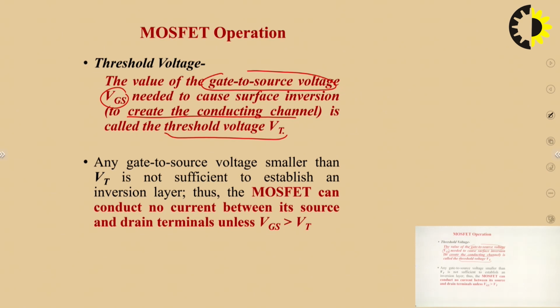If the gate to source voltage is less than VT, then no channel exists and no current can flow between source and drain. If the gate to source voltage is greater than VT, then the channel exists and the current can flow between source and drain, provided there is a potential difference between drain and source.